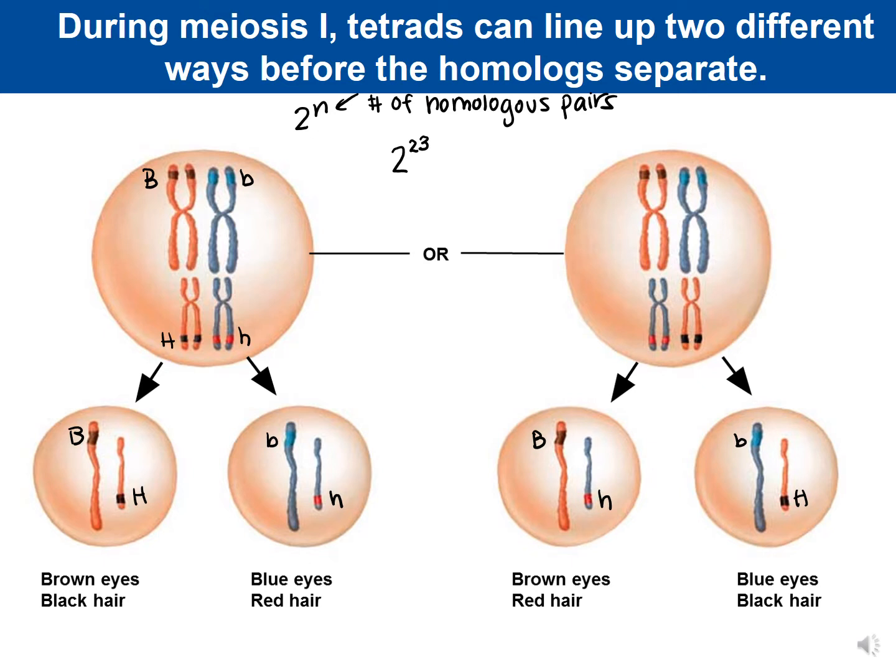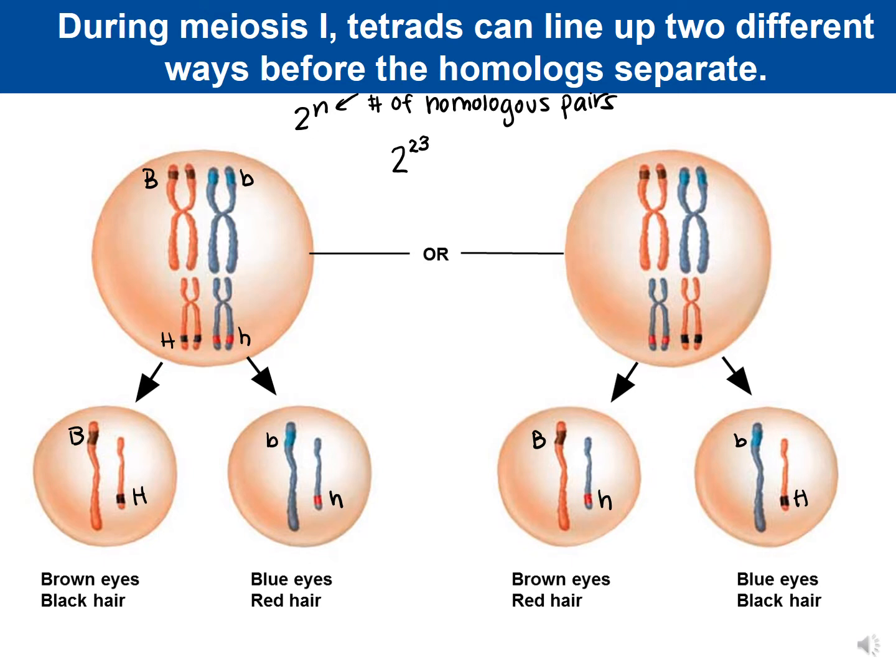That doesn't include crossing over, which we'll talk about more later. Simply by independent assortment, 2 times 2 times 2, 23 times, 2 to the 23rd power is the number of different gametes that can be produced.